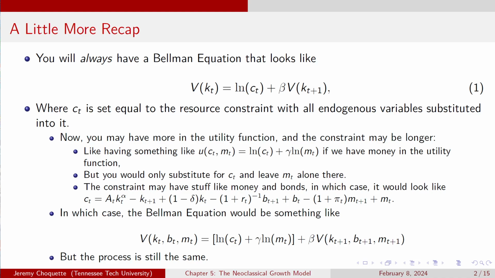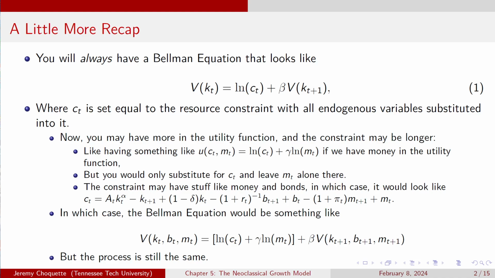You can have other choice variables. You can also have more in the utility function, so you don't have to have just u of consumption. It can be u of consumption and money holdings, right? So you could have u of c_t and m_t equals the natural log of c_t plus gamma times the natural log of m_t if you wanted to have money in the utility function.